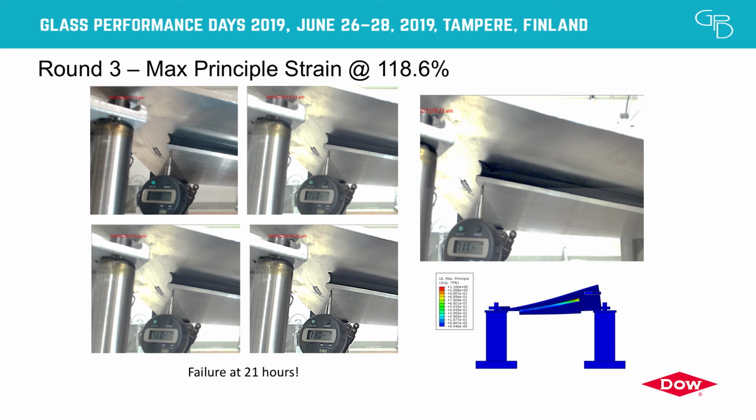If you ask why, it's kind of an odd number because we're using the hand jack. It's a very coarse adjustment, and we were trying to hit where we could lock it in and keep it in place and not let the jack relax after we set it. Okay, so failure at 21 hours. So like I said, we have 2 data points now. We can draw a line and we can make all sorts of assumptions.